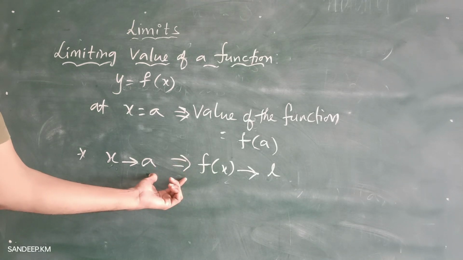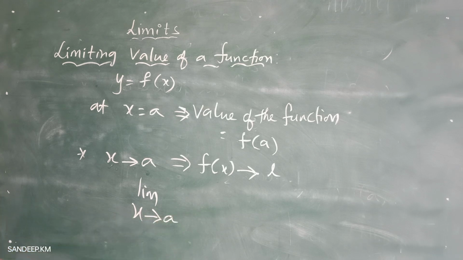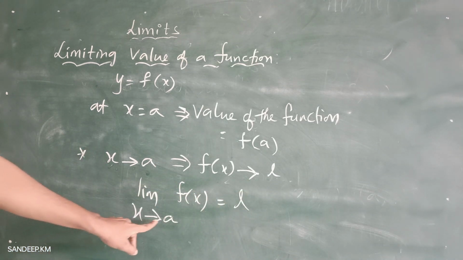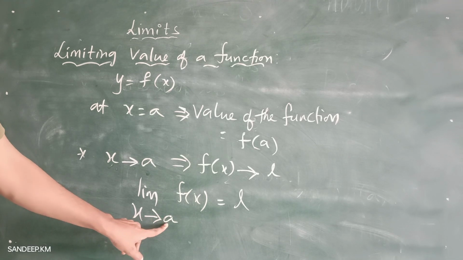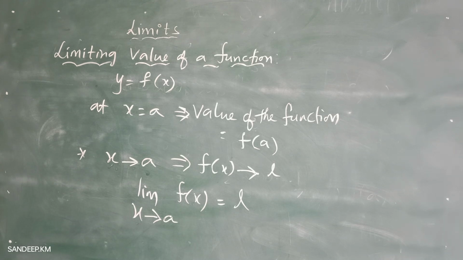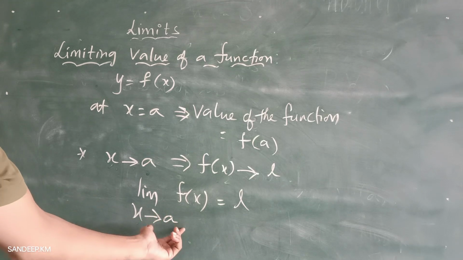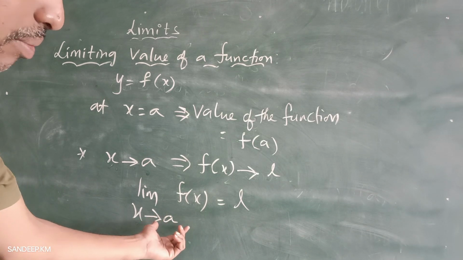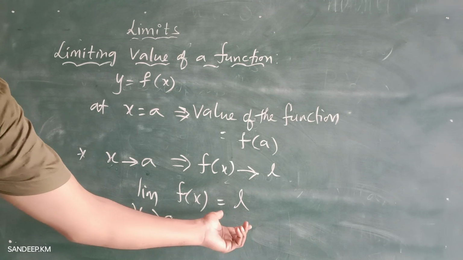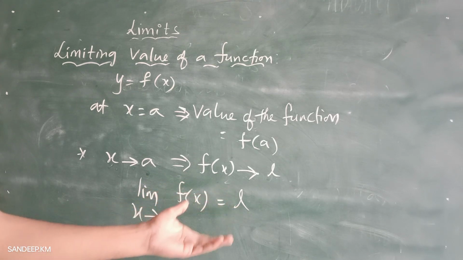To write this mathematically: limit x approaches a of f of x is equal to L. So when the input is approaching a number a, the output is approaching the number L. This is called the limiting value of a function. Sometimes you will get a finite answer, sometimes an infinite answer. So sometimes the limit exists and sometimes the limit does not exist.